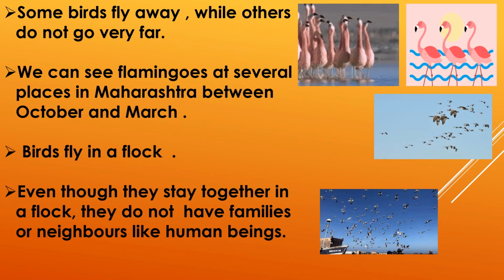Every year they migrate from one place to another at a fixed time. Some birds fly away while some do not go far. We can see flamingos at several places in Maharashtra between October and March. The birds fly in a flock. Even though they stay together in a flock, they do not have families or neighbors like human beings.